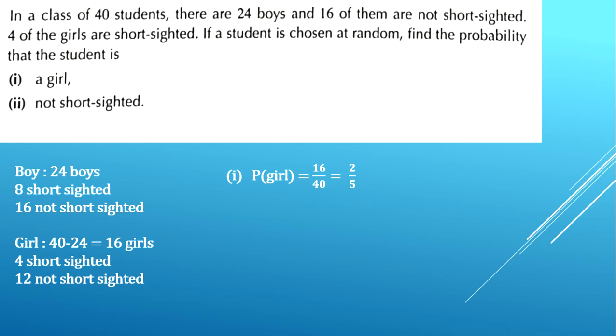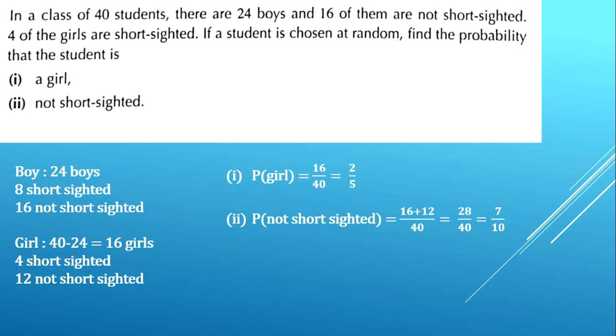How about the probability that the student is not short-sighted? The probability for not short-sighted will be 16 plus 12. Where do I get the number? Because there are 16 boys who are not short-sighted and 12 girls who are not short-sighted. We only want a not short-sighted student, regardless of their gender.